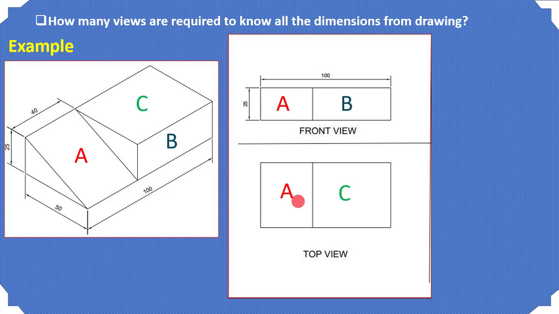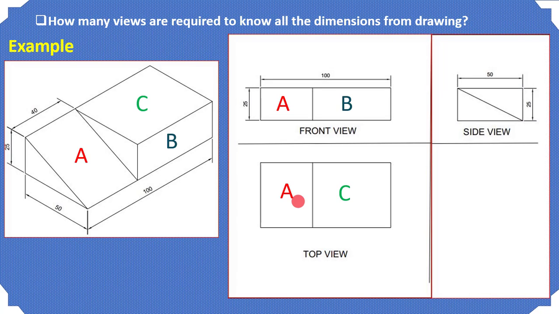So we need to draw one more view, and that is the side view, where you can see surface A having an inclination, which you can see here. So drawing only two views, which we saw in the previous case, is not enough in this case.